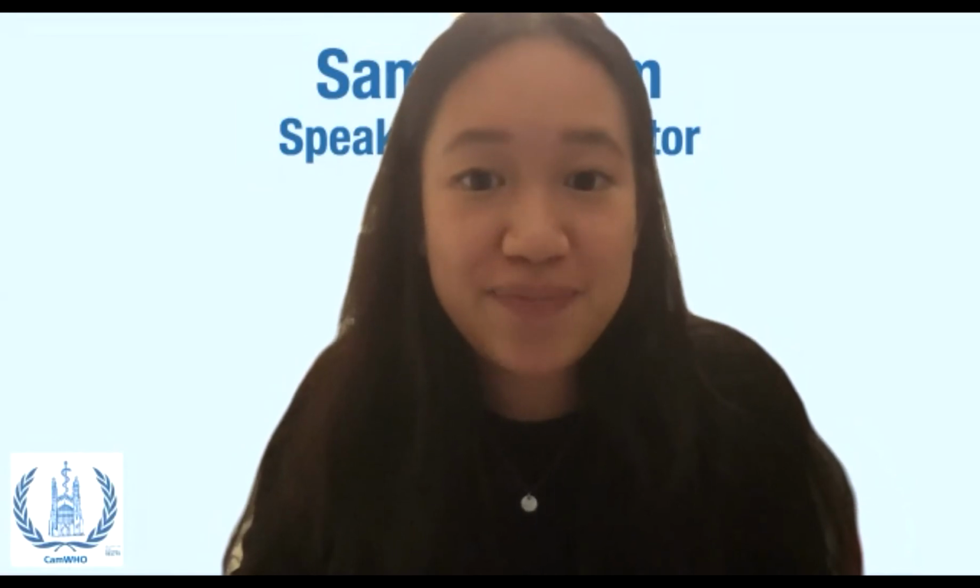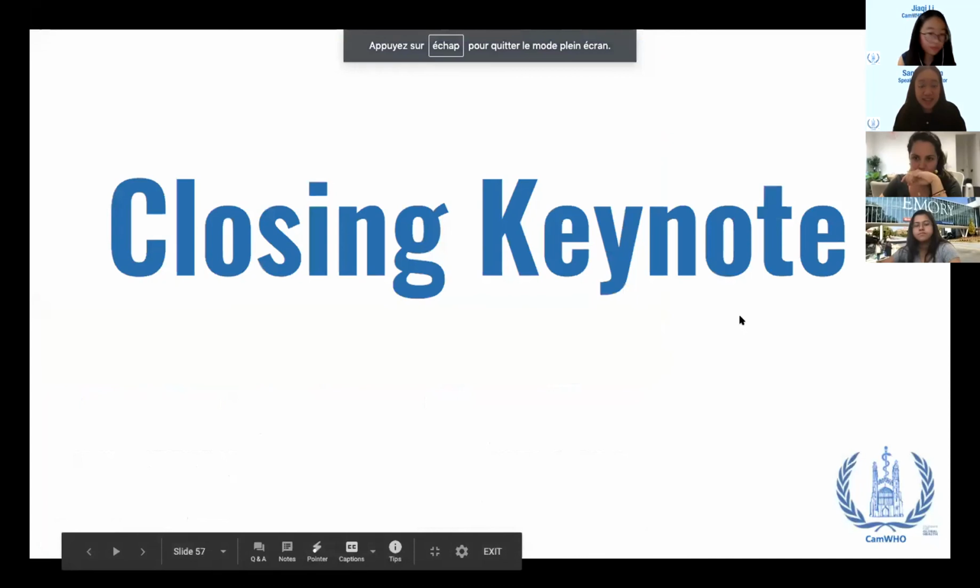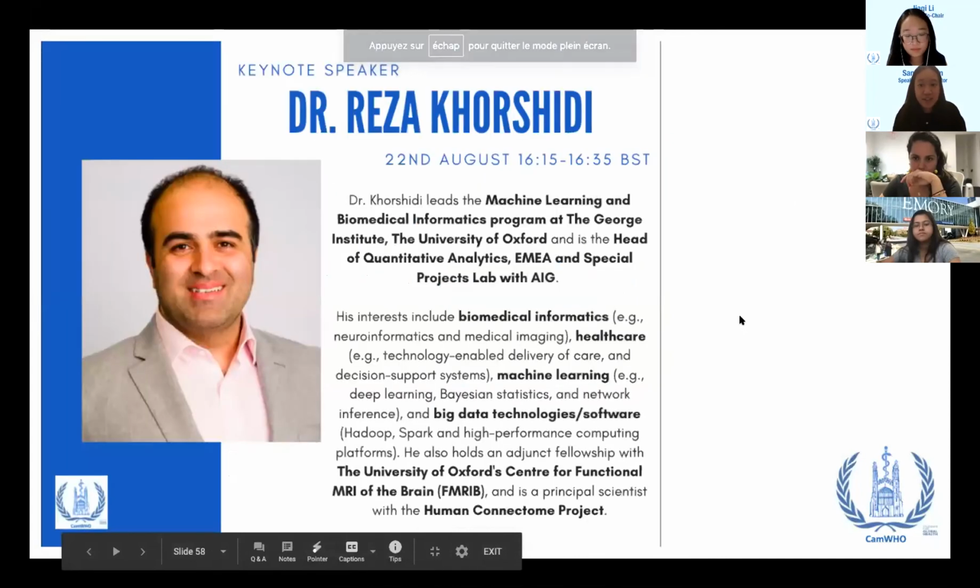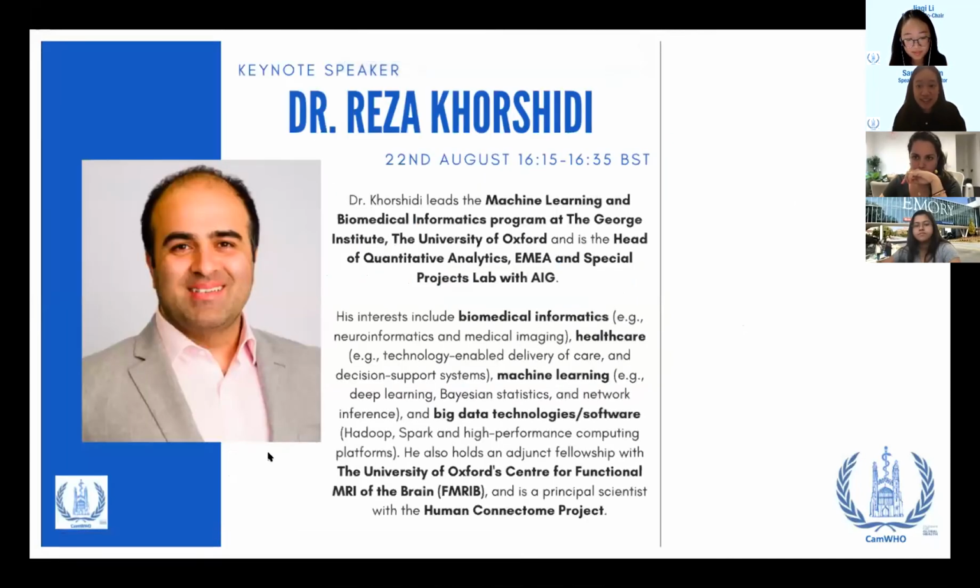Reza Khorshidi. Dr. Khorshidi is currently the Chief Scientist at AIG and an investigator in the machine learning and deep medicine program at the University of Oxford. His current research at Oxford focuses on probabilistic machine learning and deep sequence models for biomedical informatics, population health, and precision medicine. More specifically, he is interested in using machine learning for the development of personalized health predictions and recommendations, and an improved understanding of multimorbidity.